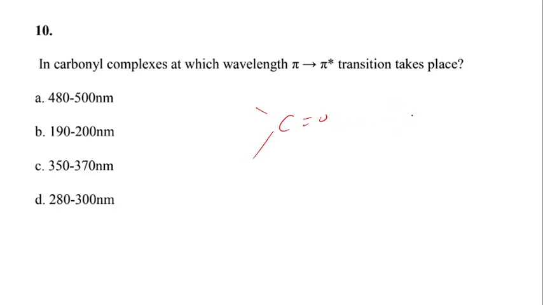Here two types of transition are possible, pi to pi star and n to pi star, because oxygen has two lone pairs. Both types of transition are there, but the pi to pi star transition is more important because it is symmetrical and the epsilon value is very high. So we will select this transition, and it will be at, I think, 190 to 200.